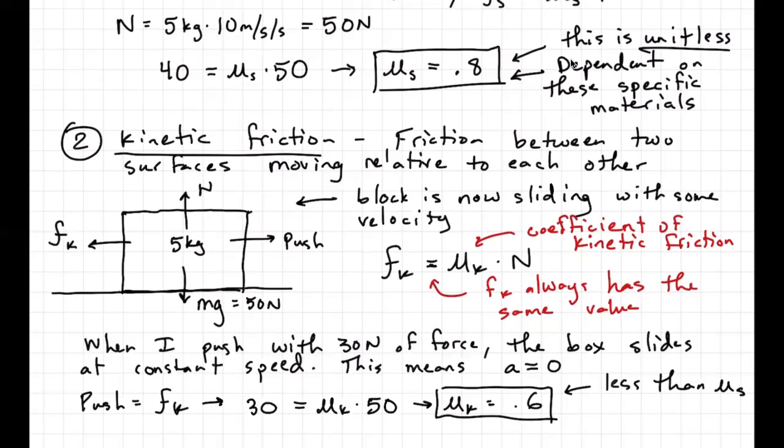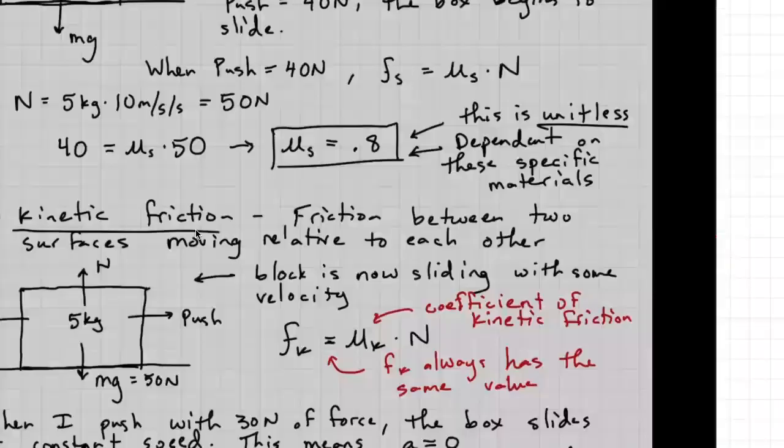I think the things that I want to say before we break here, just a few things to recap. In general, the coefficient of static friction is greater than the coefficient of kinetic friction. Let me write this down. Okay, so a few things to note.